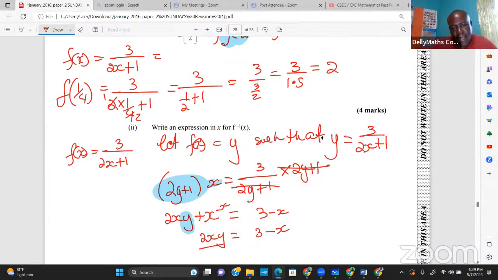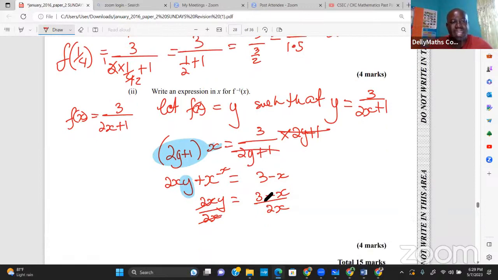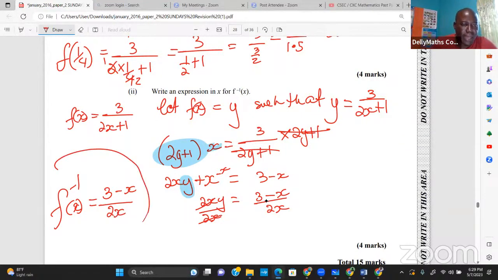Then I'm going to divide this side by 2x, because it's y I want to find. And there is the y alone. But they didn't ask me for y, so I'm going to finalize the question and say the inverse of f of x is 3 minus x over 2x. And here is my solution right there. They're giving all of 4 marks to do that.